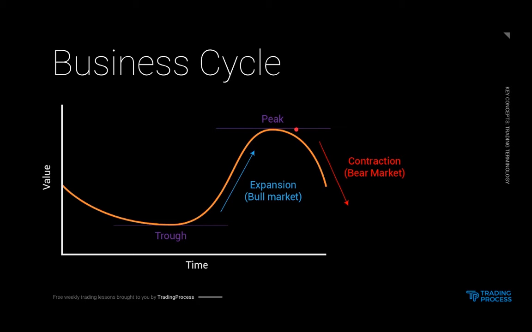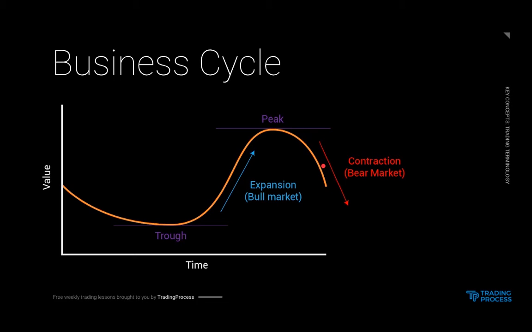And when GDP doesn't grow, the market contracts, right? So an expansion in the business cycle, in other terms, means an increase in GDP quarter over quarter. And a contraction is a decrease in GDP, or a bear market, where the stock market contracts and moves down.